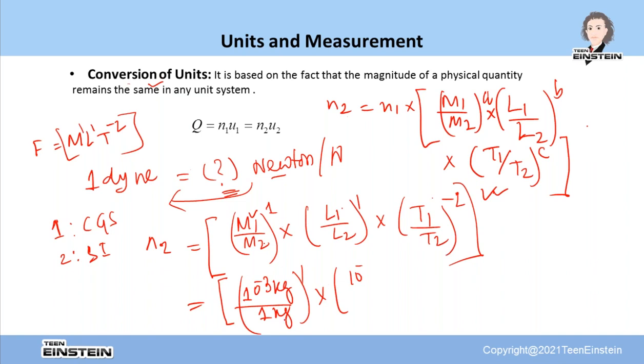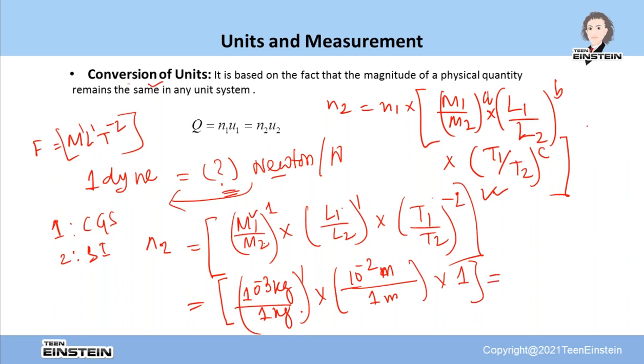Since I'm going to SI unit, you have to take M1, L1, and T1 all in SI unit. 1 centimeter means this much meter, and L2 you know already in meter. T1 and T2 are the same magnitude in both unit systems, so it will give only 1.